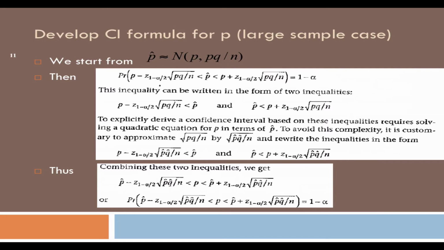The rule of thumb, empirically, is that especially for P hat, it's not only about N, it's really this whole product, N times P times Q. This one has to be larger than 5 in order for this approximation to be good enough. So essentially, it's not only a matter of N, it's also a matter of P and Q.